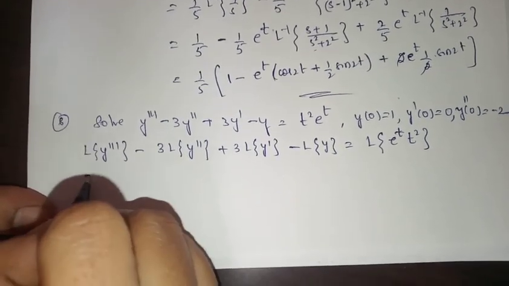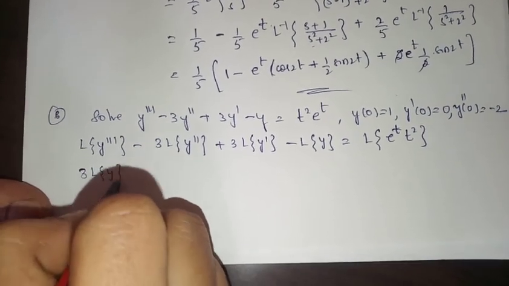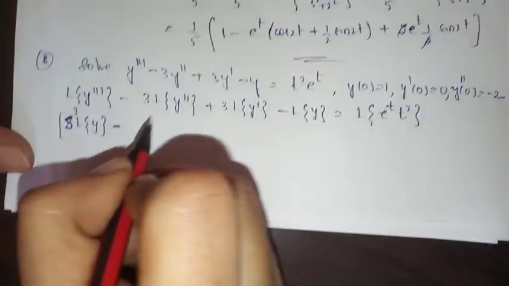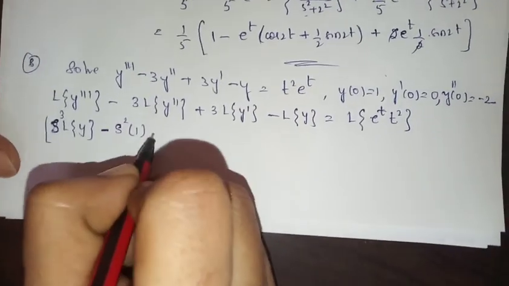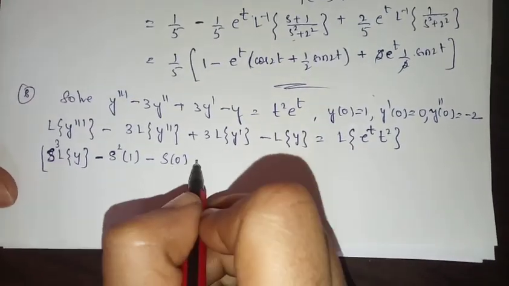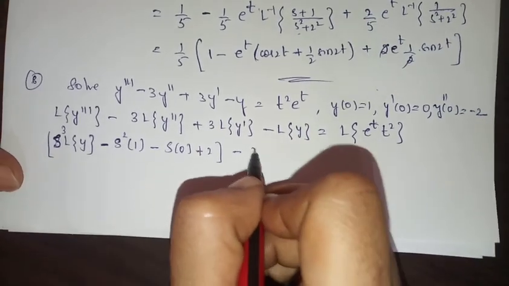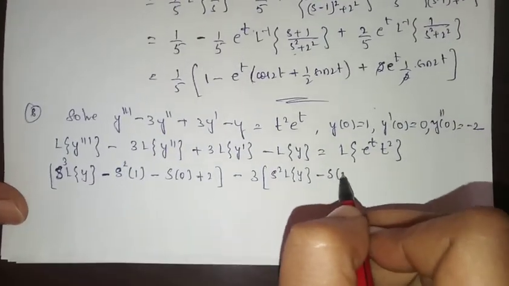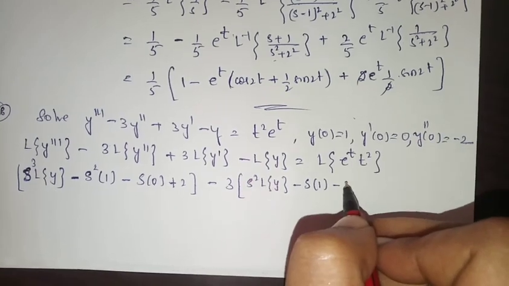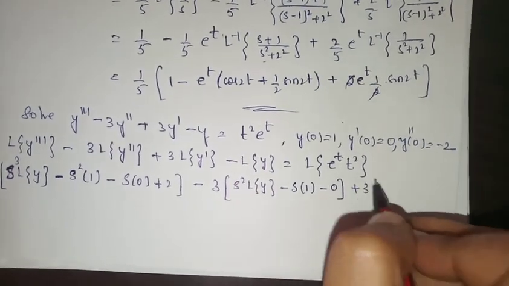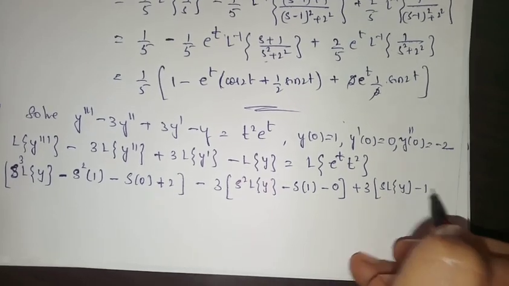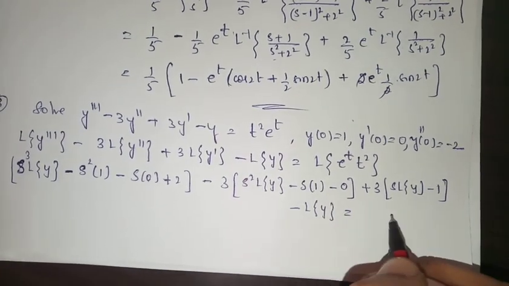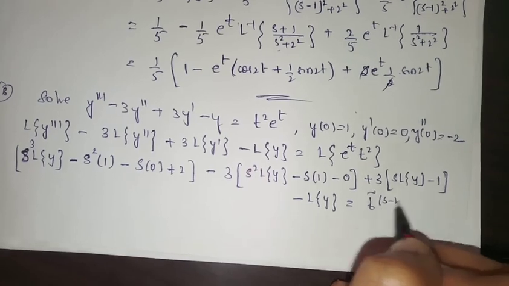This will be s cube into Laplace transform of y minus s square into y of 0 minus s into y dash of 0 minus y double dash of 0. 3 into s square Laplace transform of y minus s into y of 0 minus y dash of 0. 3 into s into Laplace transform of y minus y of 0 minus Laplace transform of y is equal to, this is f bar of s minus 1.